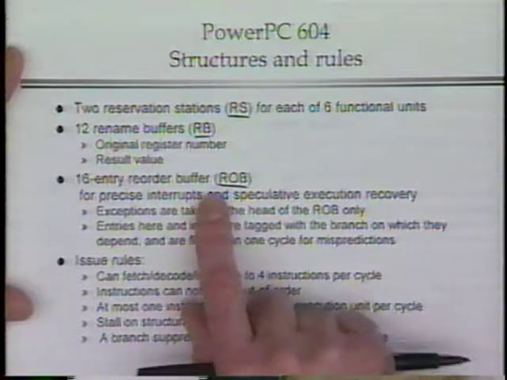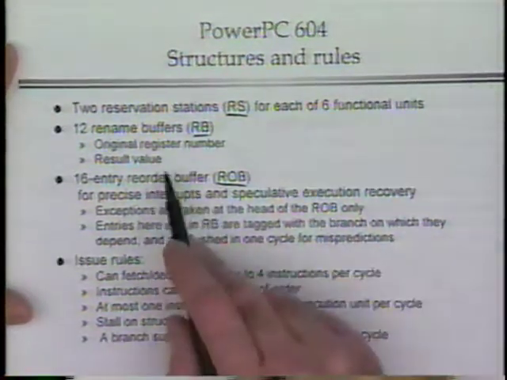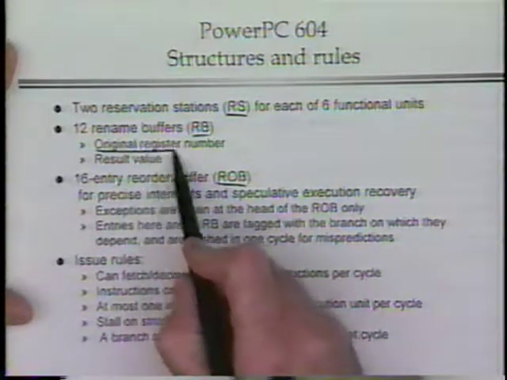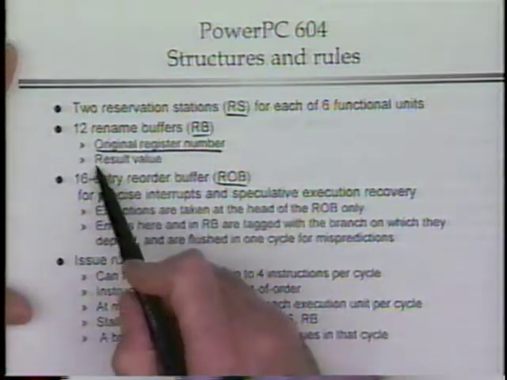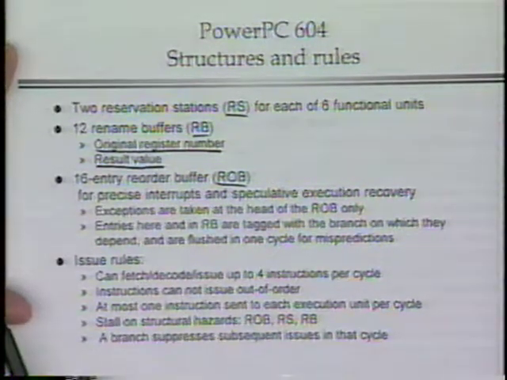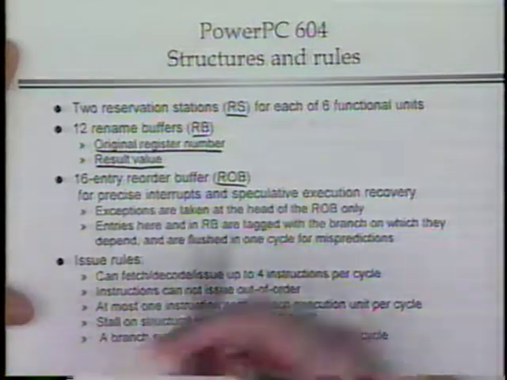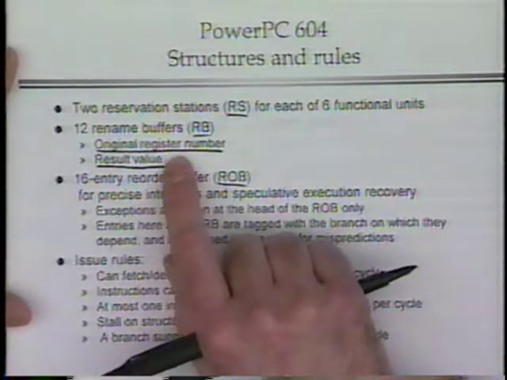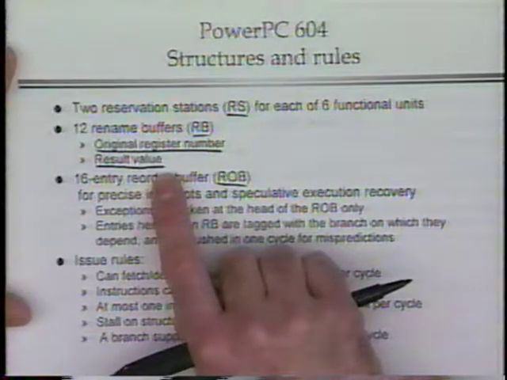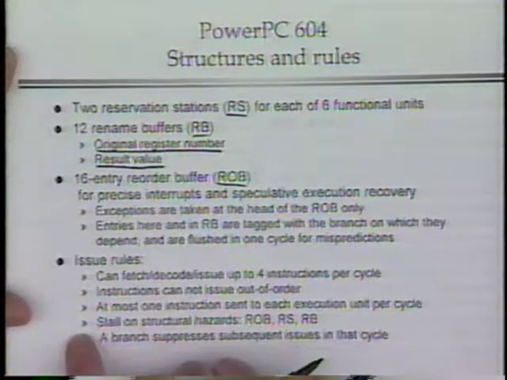The rename buffers are structures that contain the original register number and eventually will contain the result value. So this is a way to be able to store the results without actually having to write them back to the architectural register file.